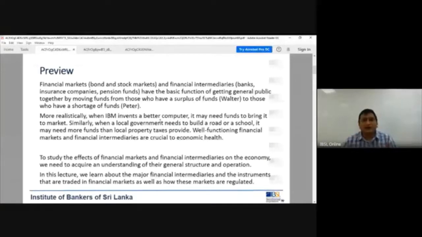The markets and institutions try to get these parties together by moving their assets into the financial markets and facilitating them to meet their financing requirements. So this is broadly the way in which the market works in today's context. In more detail, we look at individuals, Walter and Peter, but more than them, what matters in a more realistic sense are the institutions, right?